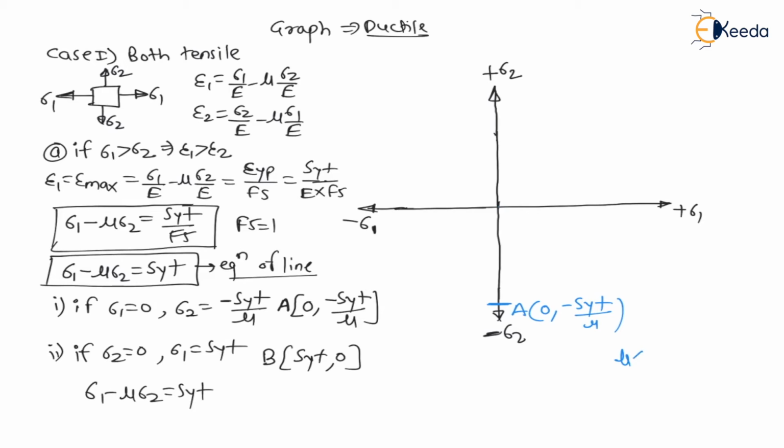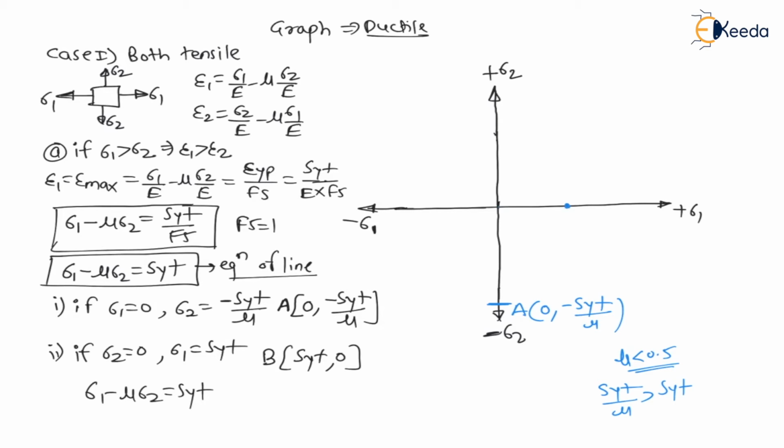Mu is less than 0.5, my dear students. Therefore SYT by mu is more than SYT. Definitely, while drawing we have to draw schematically. Therefore, here I am dictating mu is less than 0.5. Therefore point B is SYT comma 0.